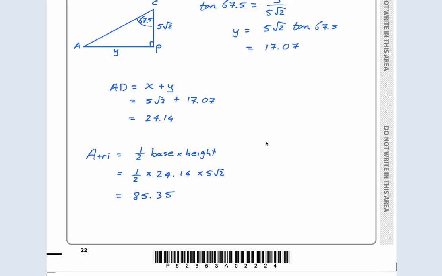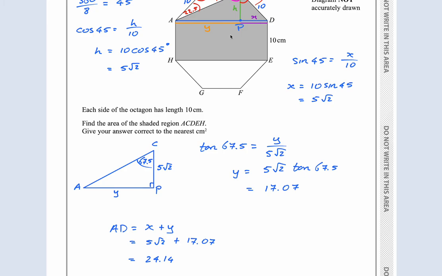And then the area of the rectangle is equal to the base times the height of the rectangle. So that's 24.14 times 10, because if you remember, it's length times width for area of a rectangle, and the width is 10.